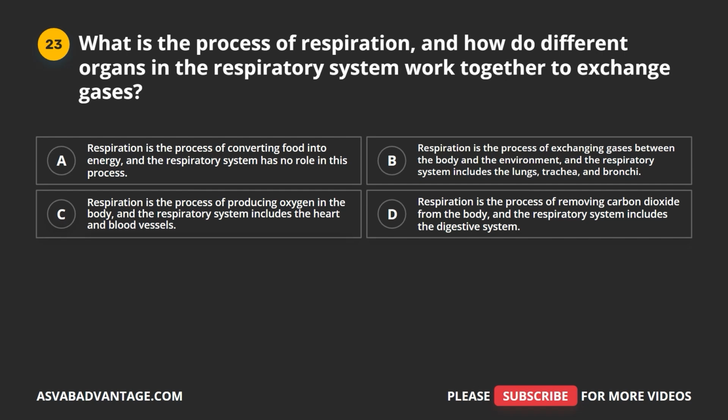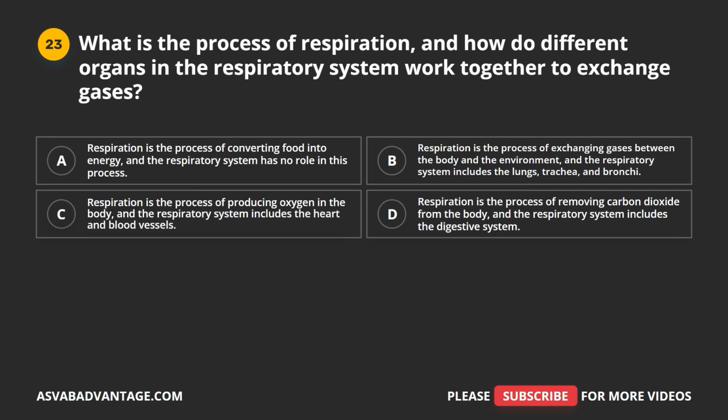Question 23. What is the process of respiration, and how do different organs in the respiratory system work together to exchange gases? A. Respiration is the process of converting food into energy, and the respiratory system has no role in this process. B. Respiration is the process of exchanging gases between the body and the environment, and the respiratory system includes the lungs, trachea, and bronchi.